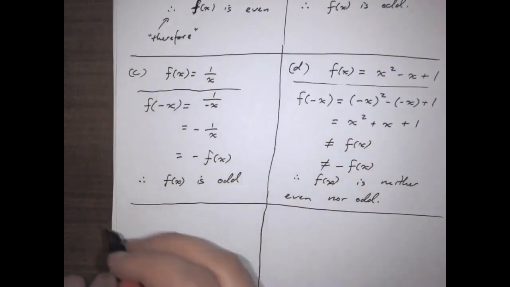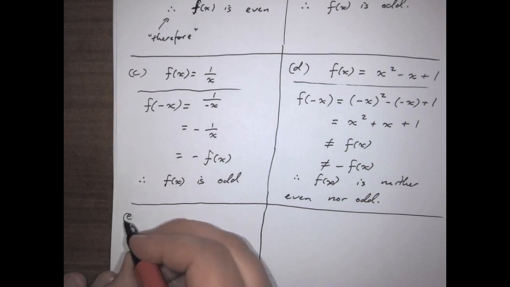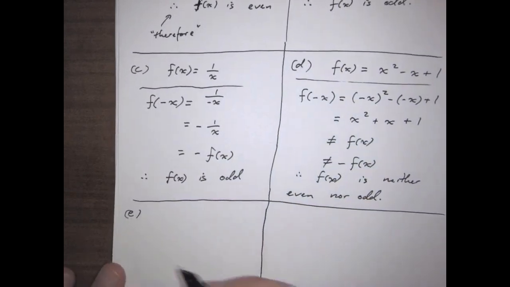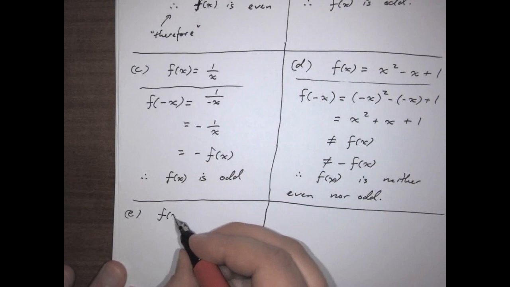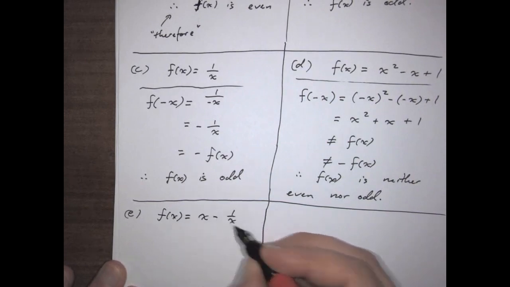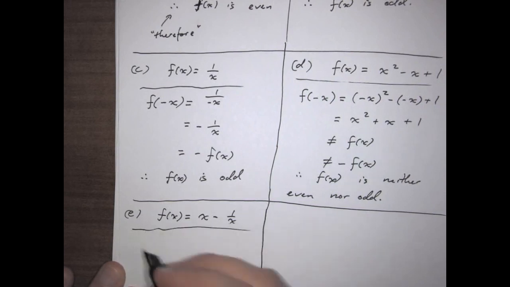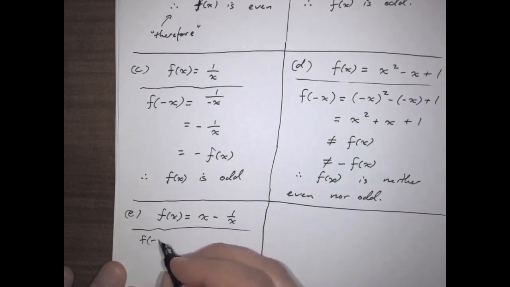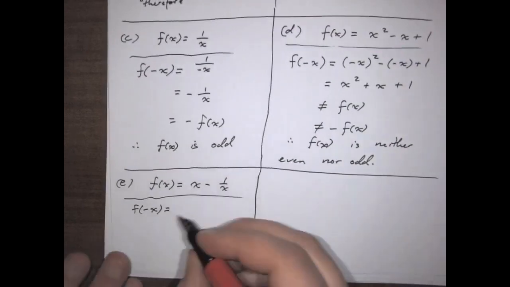Let's see, let's take something like this. F of x is equal to x minus 1 over x. So now we once again start the game the same way. The opening move is always make x negative x and see what happens.